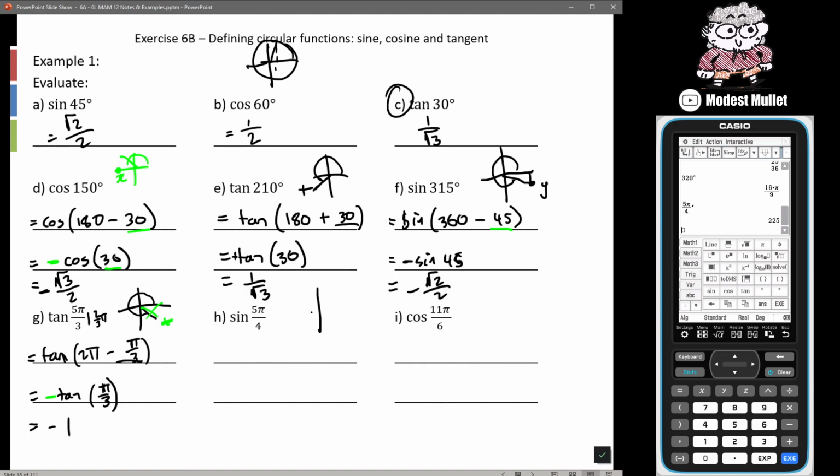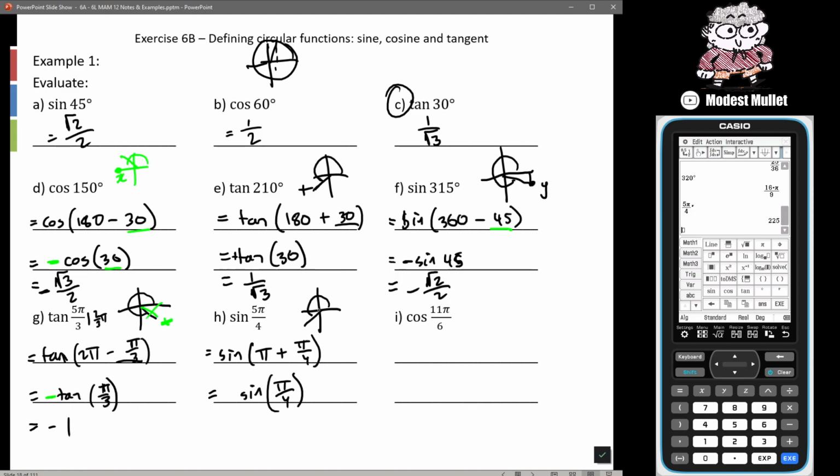Sine of 5 pi on 4, well, we can write that as sine of pi. It's going to be in this quadrant here, pi. No, it's not. Is pi plus something. Is pi plus pi on 4. So I can rewrite that as sine of pi on 4.